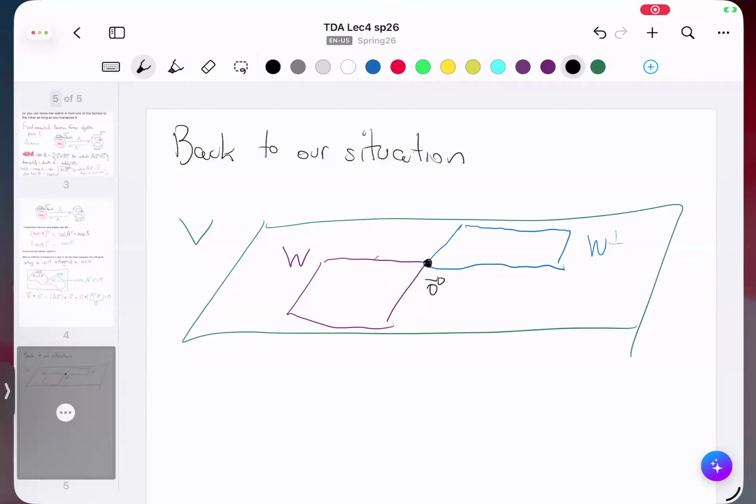The important thing about the vector subspace and its orthogonal complement is that they have complementary dimensions, in the sense that the dimension of W plus the dimension of the complement adds up to the total dimension of the vector space.